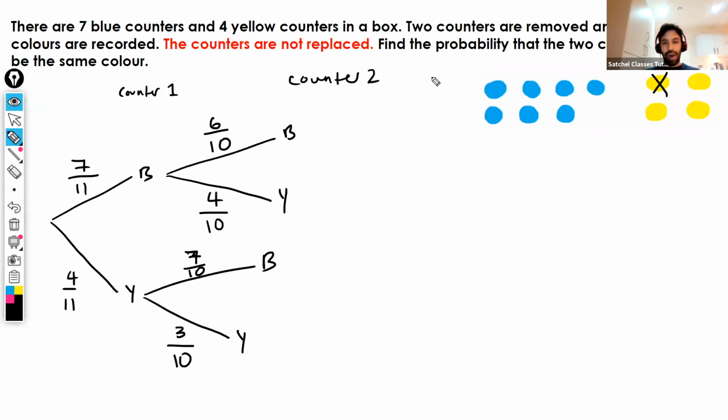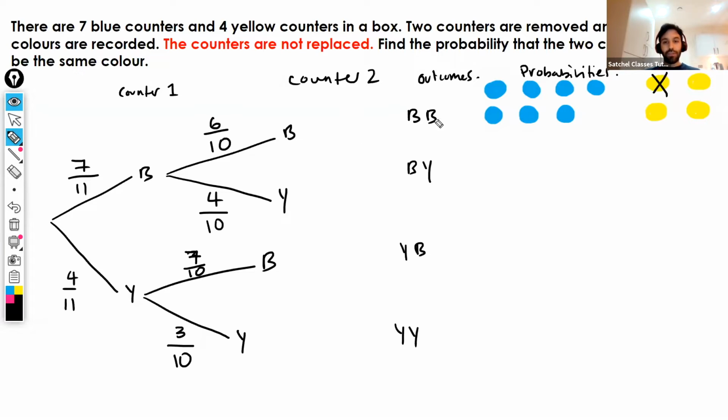Now let's list our outcomes then. So our outcomes, we can have blue, blue, we can have blue, yellow, we can have yellow, blue, and we can have yellow, yellow. And then we need to work out the probability. So I'm just going to write probabilities.